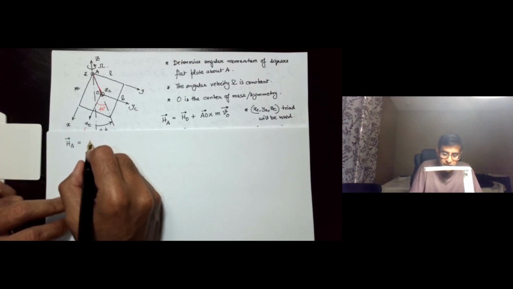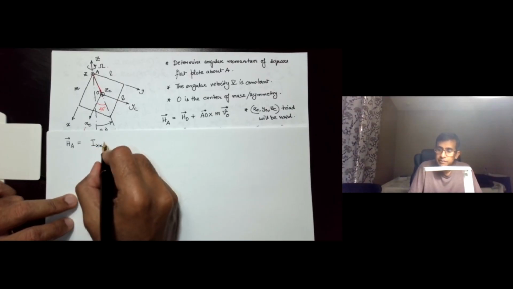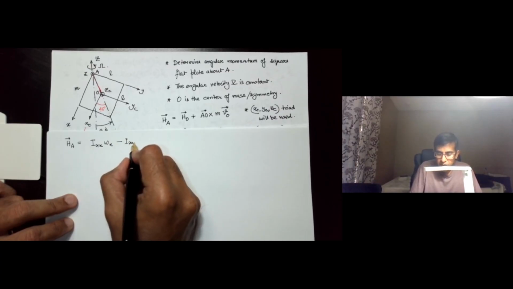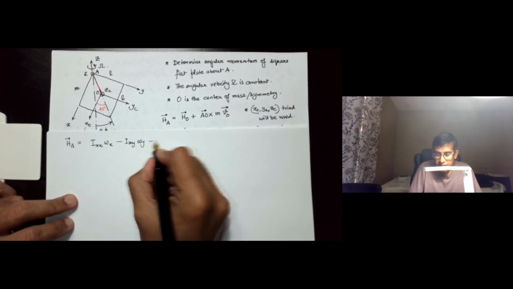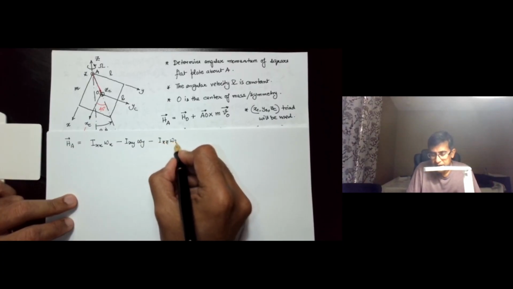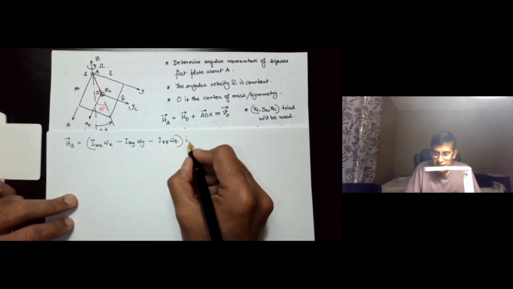So the expression, if you go over the basic expressions, is going to be Ixx omega x minus Ixy omega y minus Ixz omega z, and this is going to be in the IA direction.